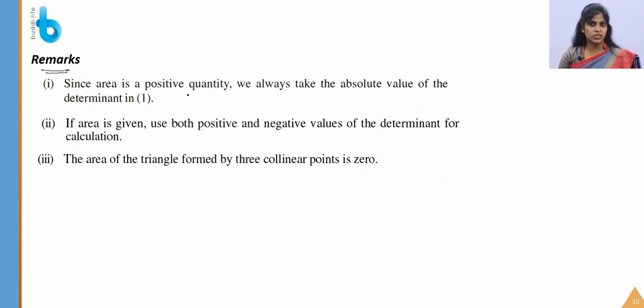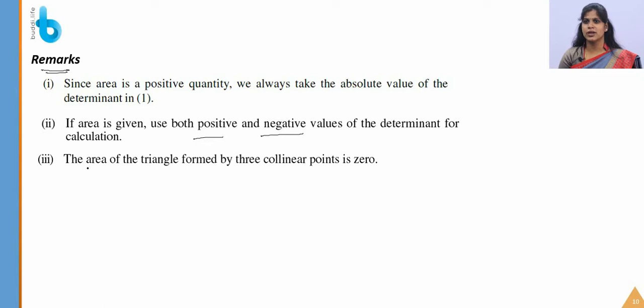Now, if the area is given, use both positive and negative values. In some application problems, the area will be given and one vertex will be missing, and that vertex you need to find. In such cases, you will use both the positive and negative values of the determinant for calculation.